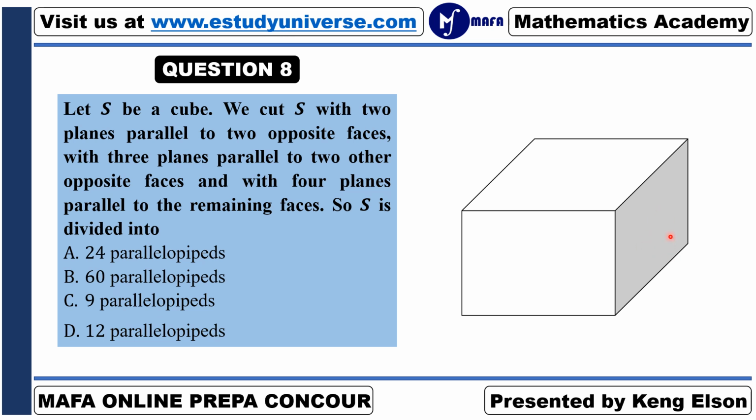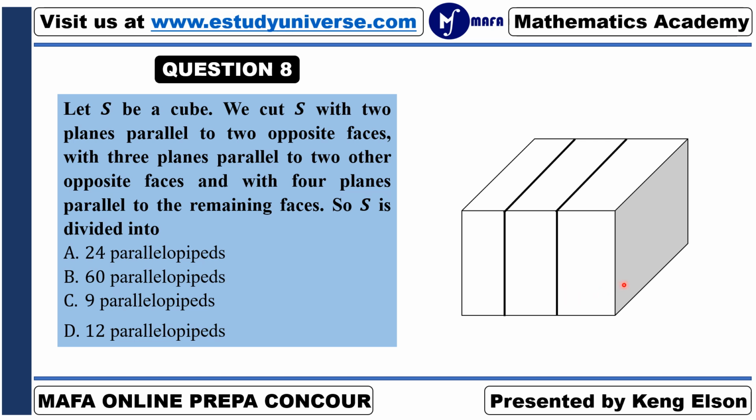Our first consideration is the two parallel faces that are to the left and to the right. So if a plane is parallel to these two faces, then it must be in the same orientation, in the same direction as those two faces. So I'm going to use these two planes. Here is the first plane and here is the second plane.